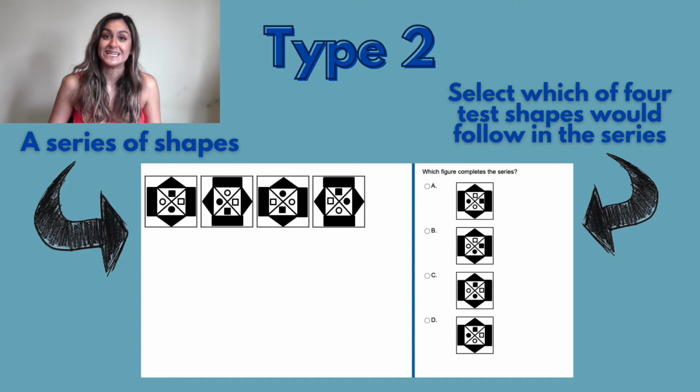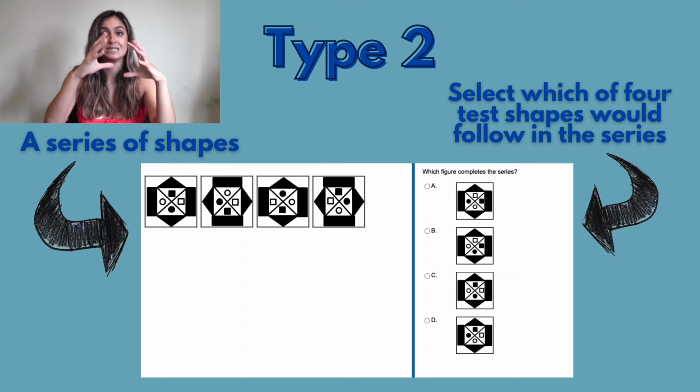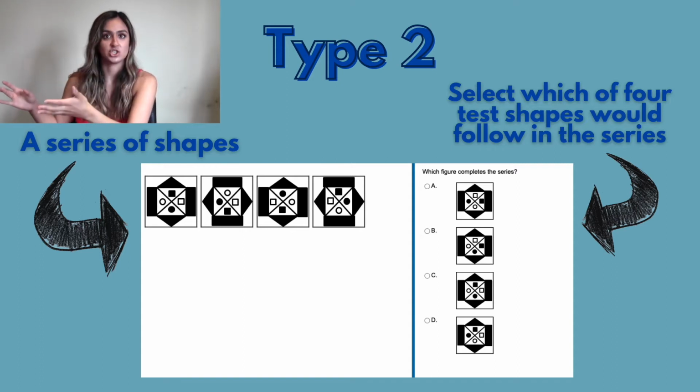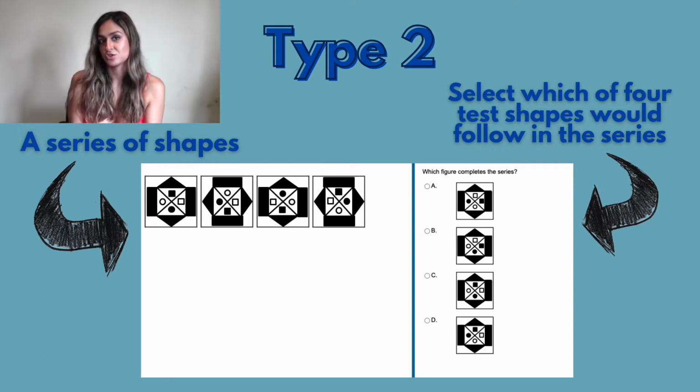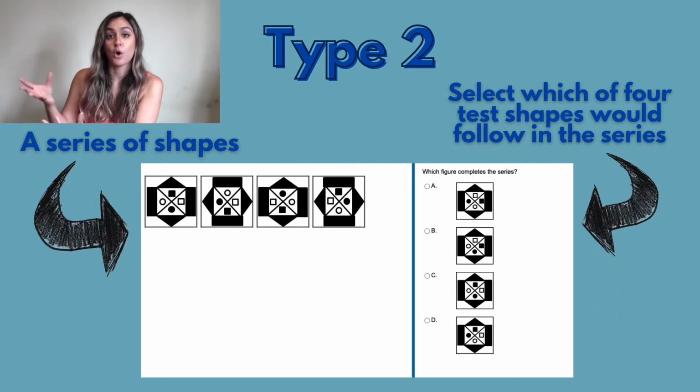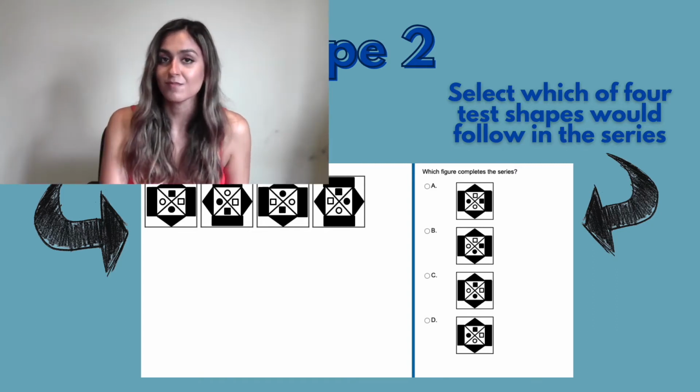Hopefully it will be much easier to understand this type of question when we do a worked example. But as I've mentioned before, it is a group of boxes that have something in common that are progressively changing. So we call this a series. This is a question in which you have to decide which box fits the series. And that is question type 2.